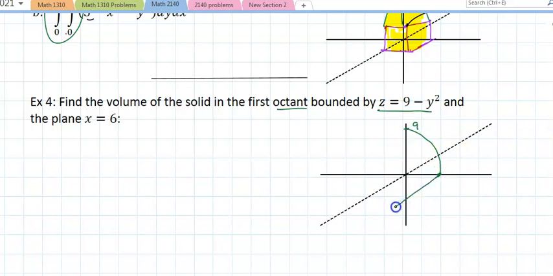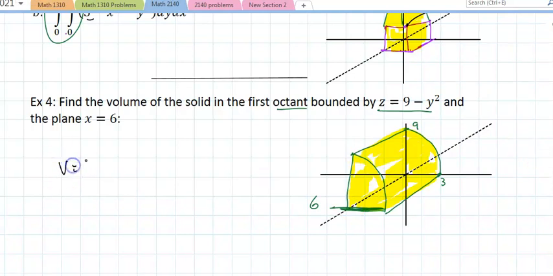And this graph runs infinite, except you're chopping that at 6. I'm looking for this volume, a quarter of a cylinder.